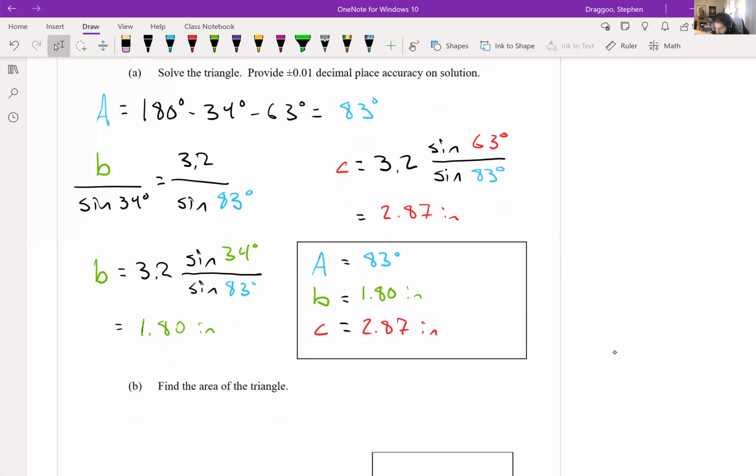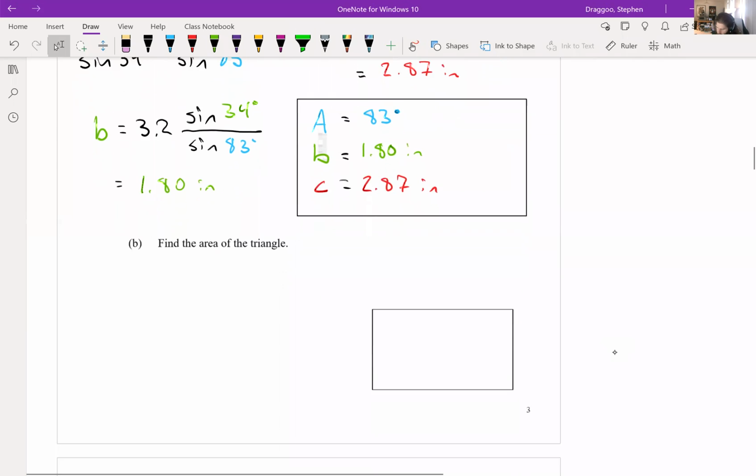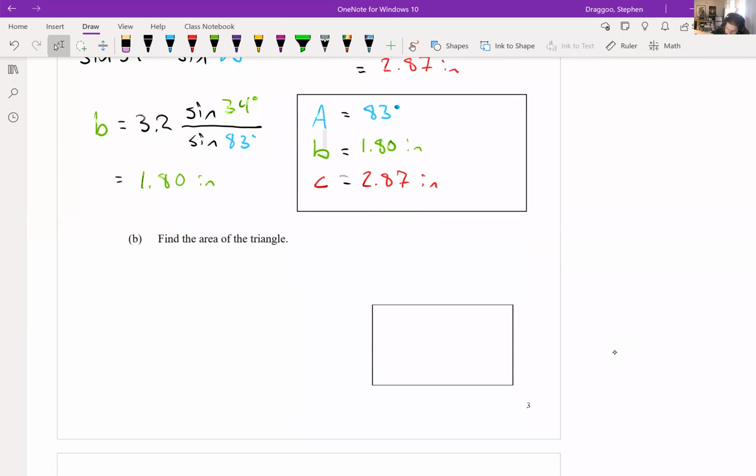All right, and then finally we want to find the area of this triangle. And we can use any one of those area formulas that we want.